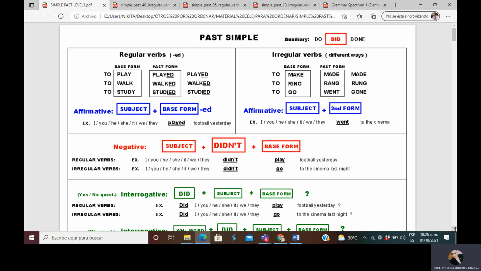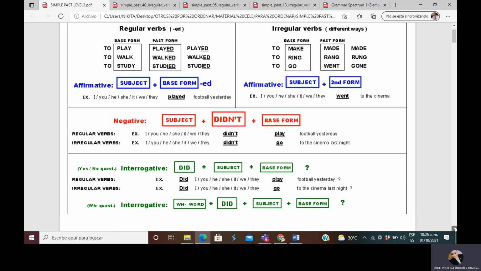Si observan, cuando hablamos de forma negativa e interrogativa, el verbo play y went regresan a su forma base. Le llamaremos forma base a la lista de verbos columna 1 y forma pasado columna 2. ¿Ok? Aquí dice segunda forma cuando estamos hablando de lista de verbos irregulares, ¿de acuerdo?